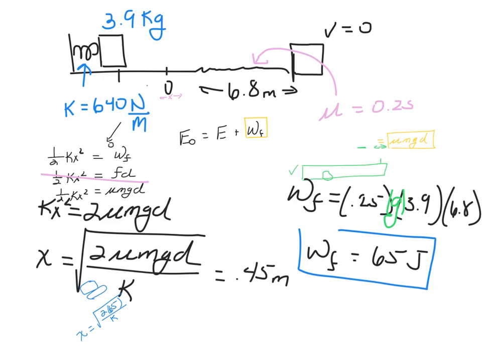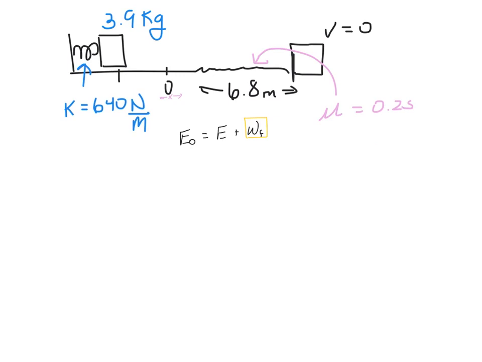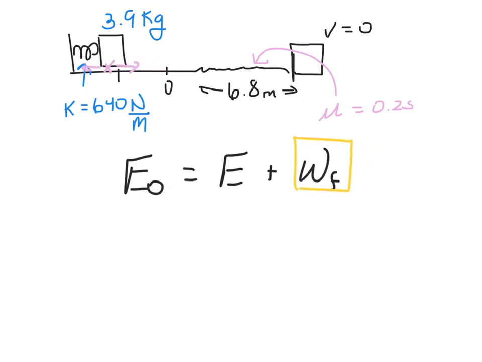Now, if we look, the maximum kinetic energy of the block, so that would be when the block is moving its fastest, has the same amount of energy as the 65, right? Well, that goes back to our original statement. So in the beginning, we just had spring potential.